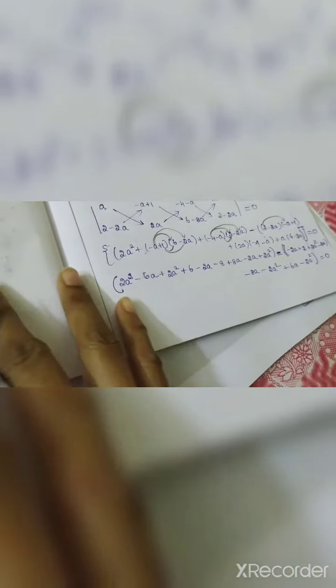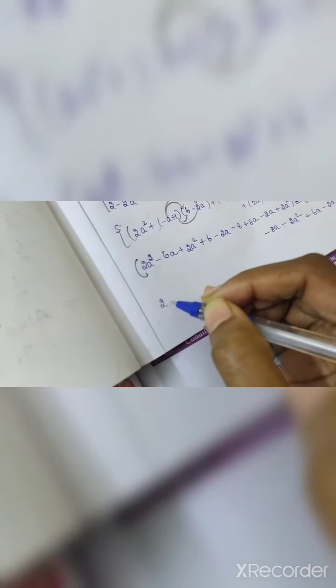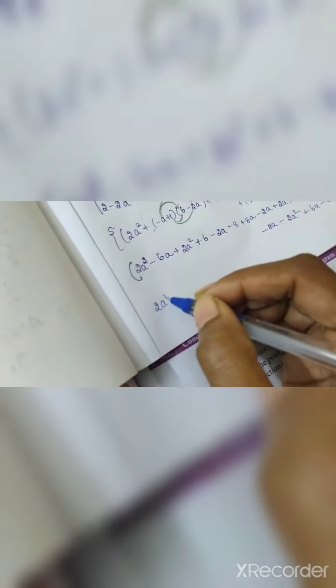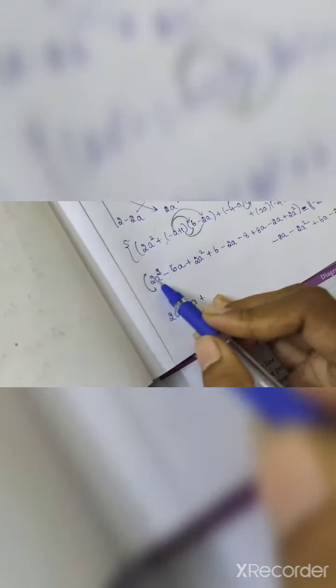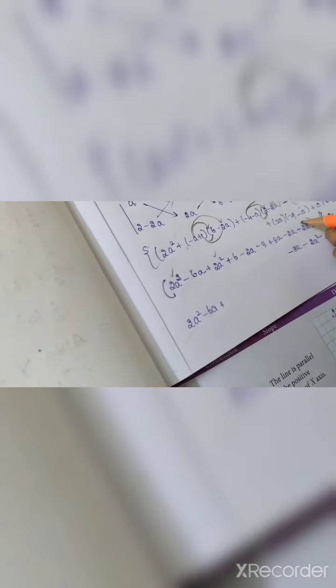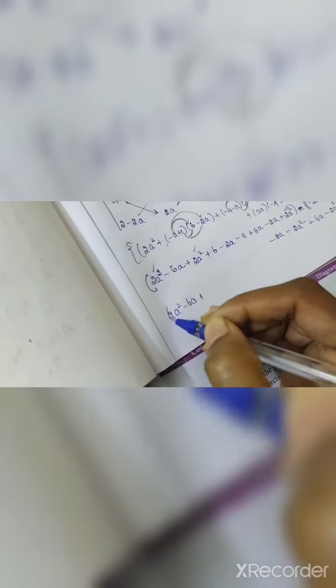Okay, then what I am going to do in this place is, 2a square minus 6a, for my convenience I am rewriting. So whatever two terms I am having, 1, 2, a square terms 3. Okay, 2 plus 2 plus 2, 6a square.